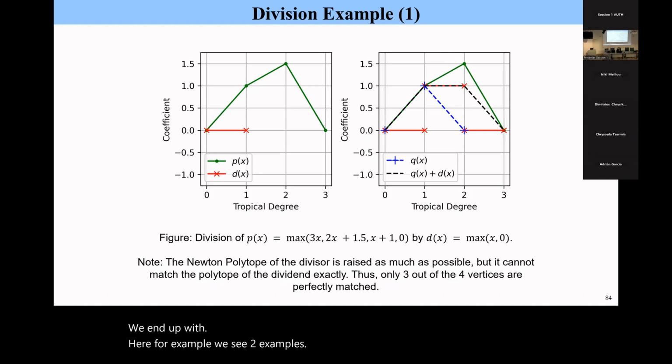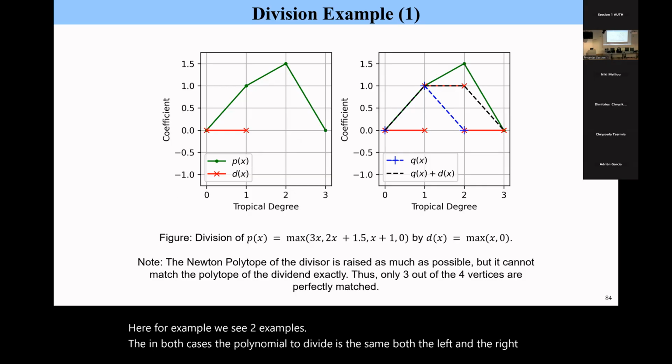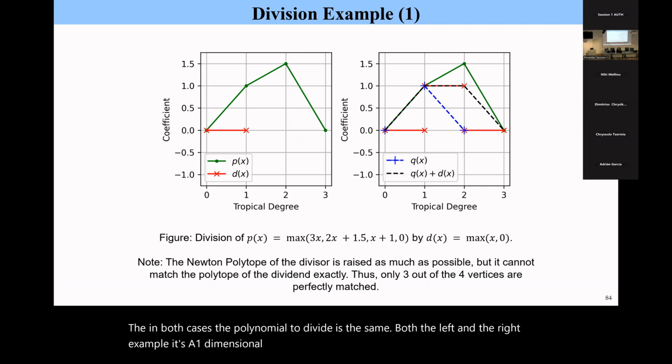In both cases, the polynomial to divide is the same, both the left and the right example. It's a one-dimensional polynomial P of x, which is the maximum of four terms: 3x, 2x plus 1.5, x plus 1, and 0. So we have four terms, four vertices in the green upper hull.